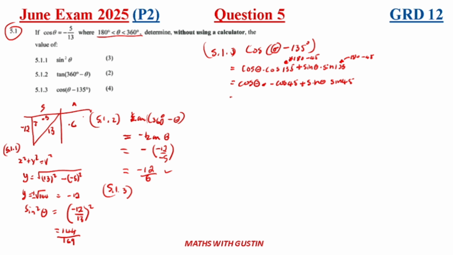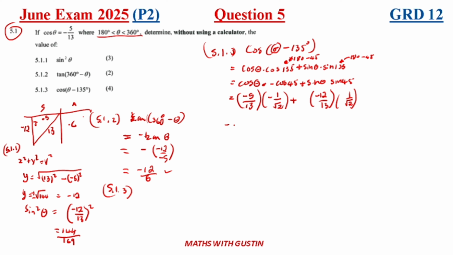Great. So now let's substitute cos theta. In this case it's adjacent over hypotenuse, negative 5 over 13 multiplied by negative cos 45, 1 over square root of 2. Remember, guys, it says without the use of the calculator, plus sine 45. Sine 45 is opposite over hypotenuse, and then 1 over square root of 2.